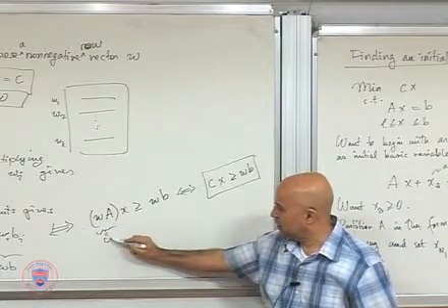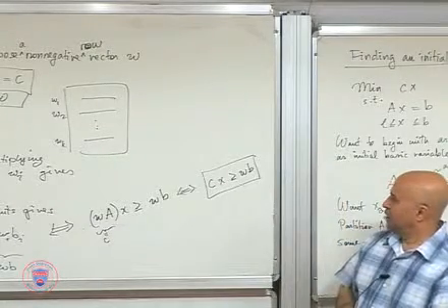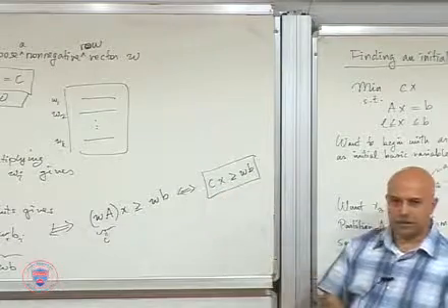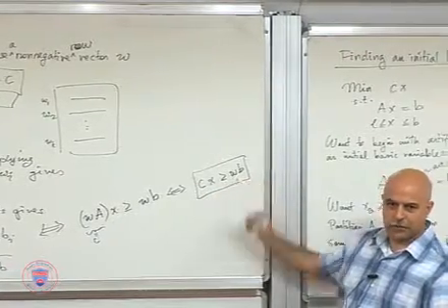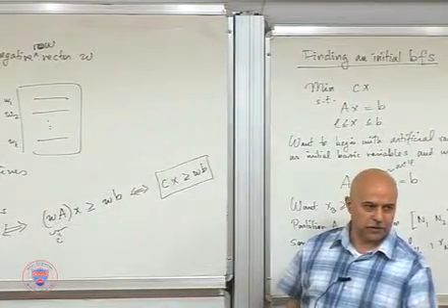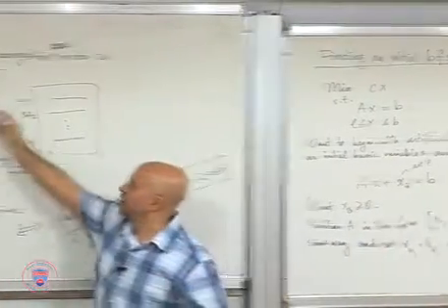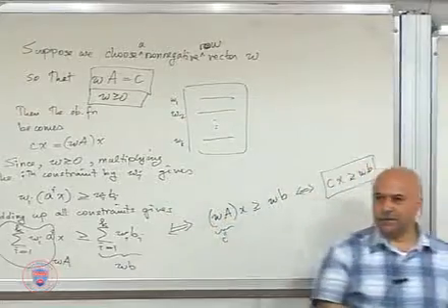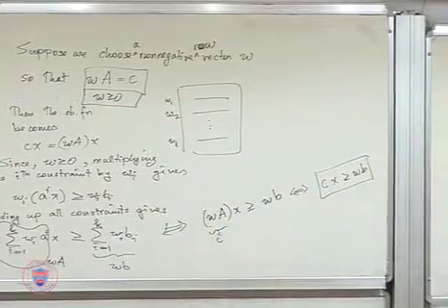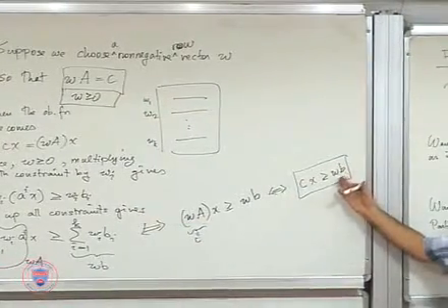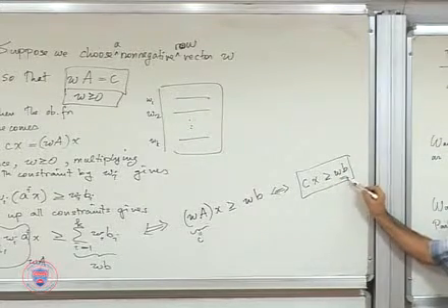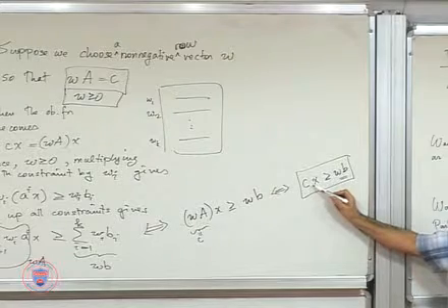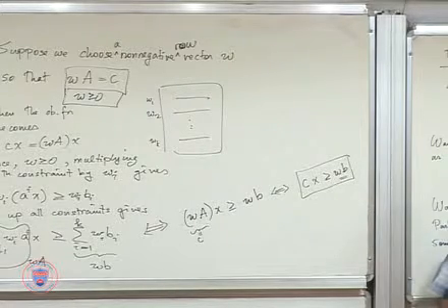Because this part is equal to C. So, I'm trying to minimize Cx, and if this works for one W, then it will work for every such W, as long as W is non-negative and gives you C. So, the maximum bound I get will still be a valid bound for Cx here, okay?